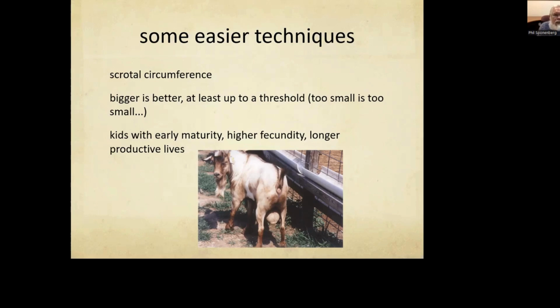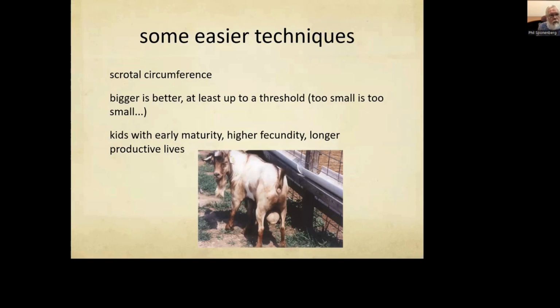The problem with this is that it will vary breed to breed because body size is going to influence this as well. But within a given breed, body size should be about the same. Bucks with a larger scrotal circumference are on average going to be producing doelings that produce more kids, usually produce them earlier, and usually produce them for a longer productive life.